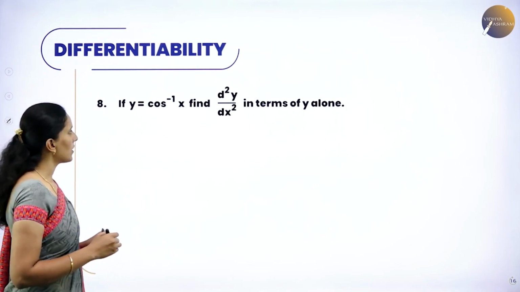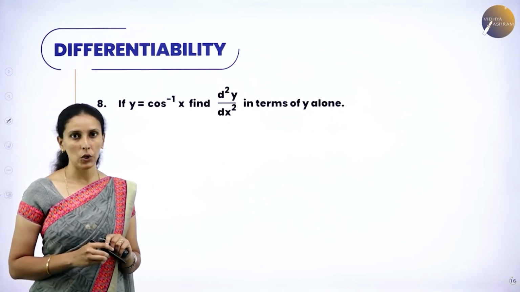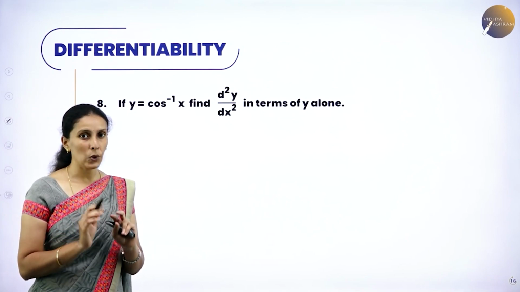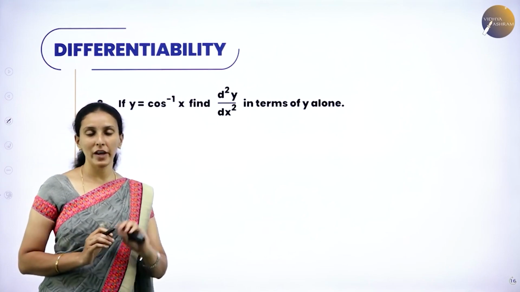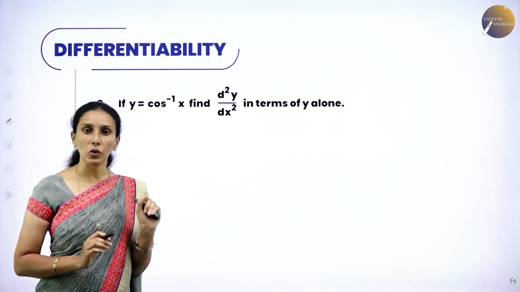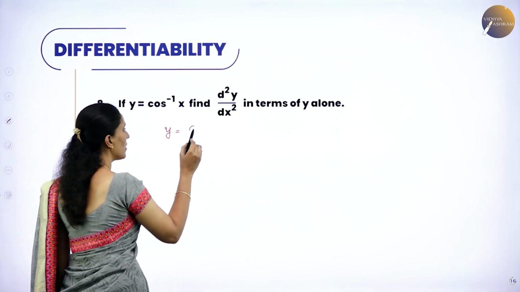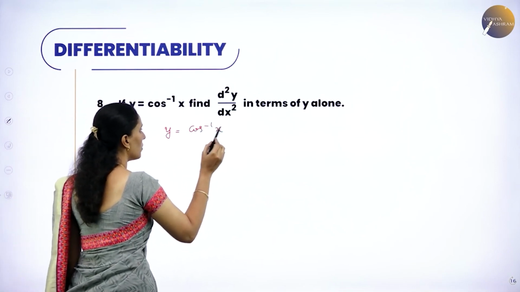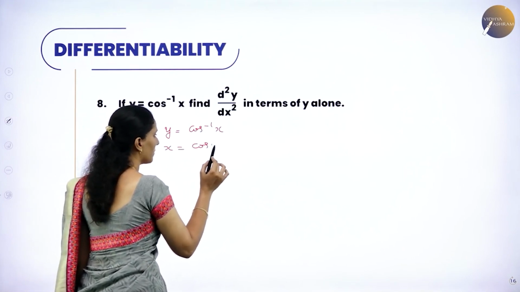If y is equal to cos inverse x, find d square y by dx square in terms of y alone. So, in terms of y alone means you have to express d square y by dx square completely in terms of y only. Now here we have y is equal to cos inverse x. So, this implies x is equal to cos y.